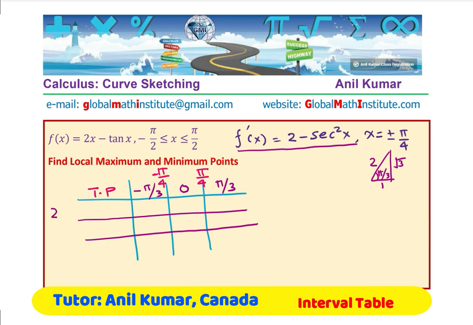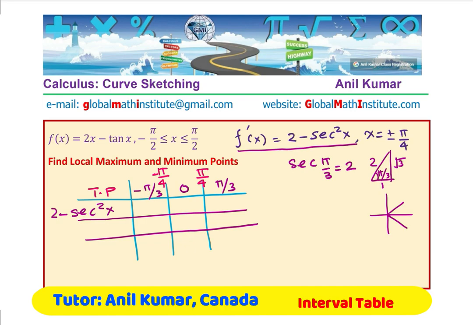Let's figure this out. 2 minus secant square x. Well, remember one thing, that for pi by 3, whether it is positive pi by 3 or negative pi by 3, the value of secant x is going to be positive, right? Because you are in these quadrants. And we know that secant pi by 3 is going to be hypotenuse over adjacent side, which is 2, right?